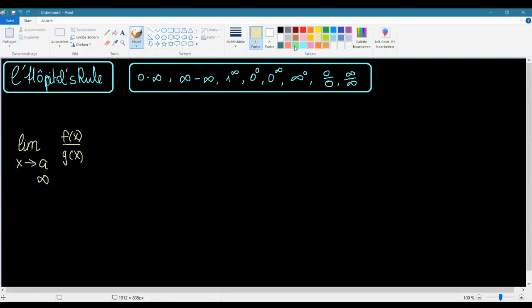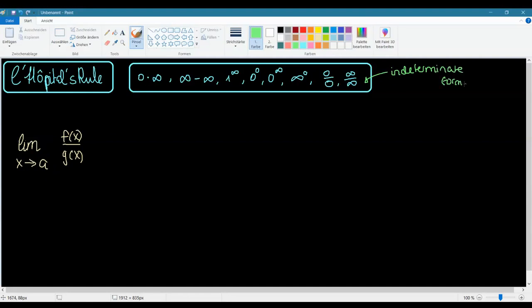It could be easier, and it could be easier with L'Hopital's rule, which states that if the limit follows any of these indeterminate forms, okay? Let me write it down. Indeterminate forms.